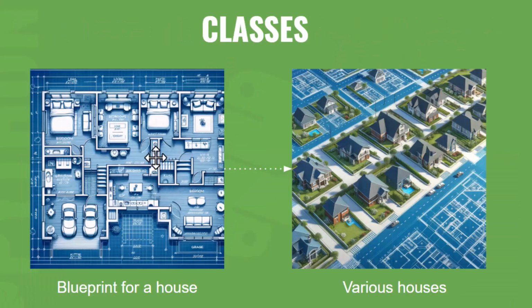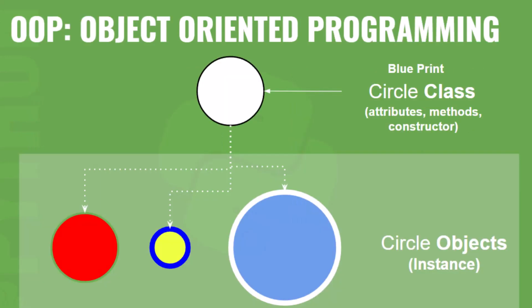With that blueprint we can make various houses, and with this circle class we can make various circle objects. We call them objects, we call them instances. Those words are used interchangeably, but they mean the same thing.